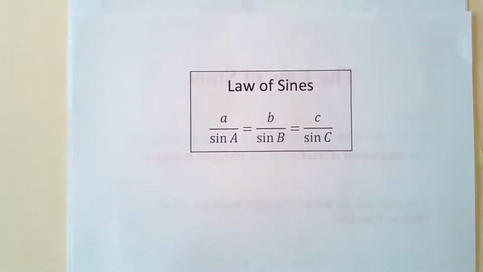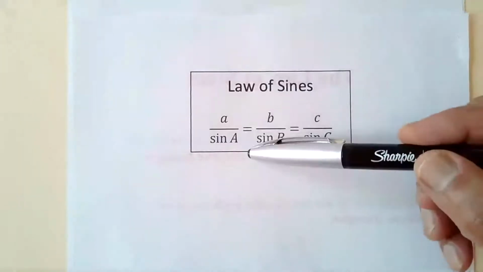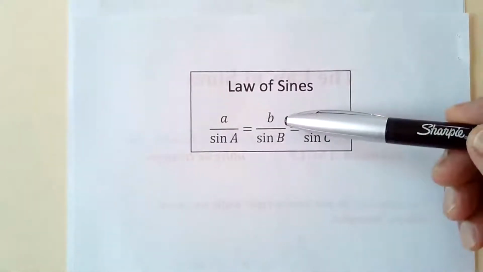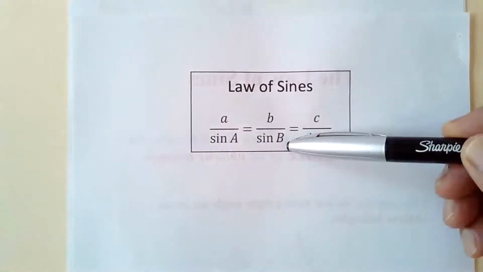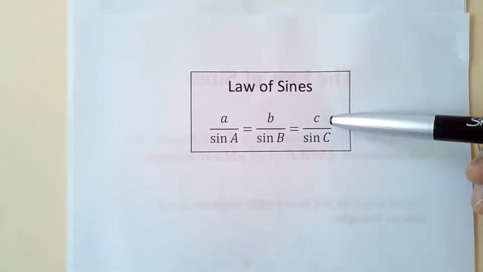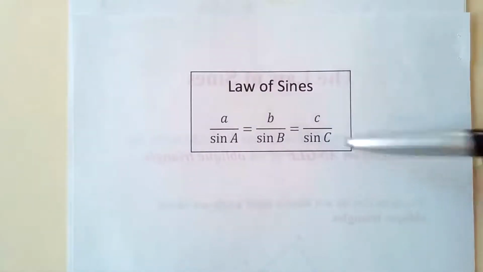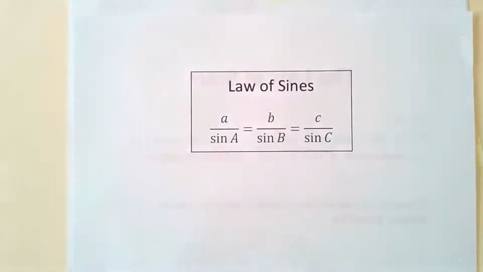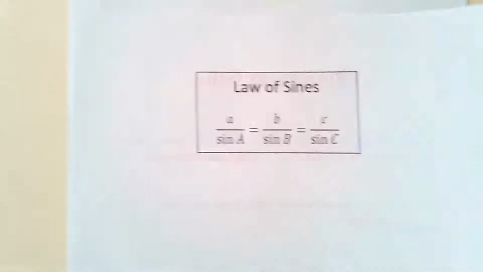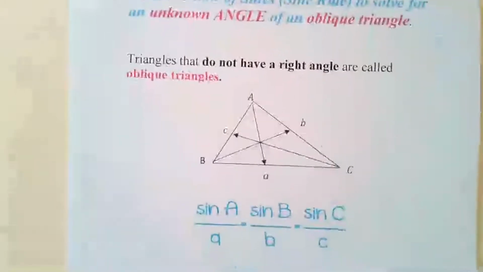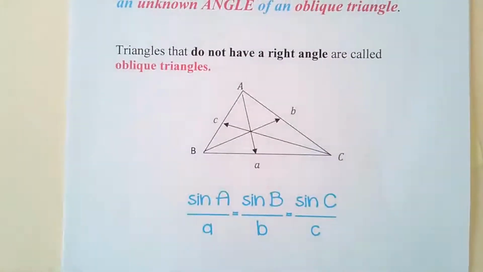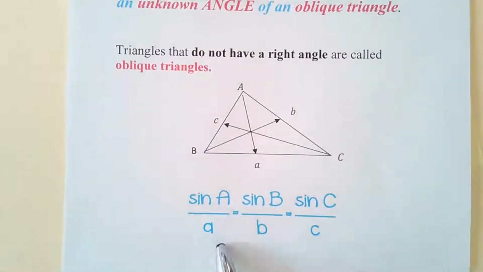We could write it as side A over sine angle A, side B over sine angle B, side C over sine angle C. Because we are trying to find the angle, we will use this form here. We have the angle over the side.